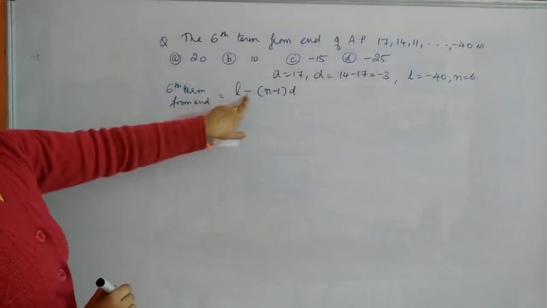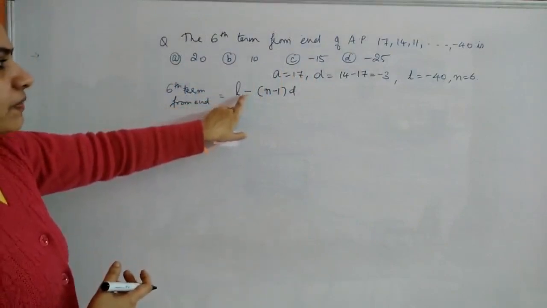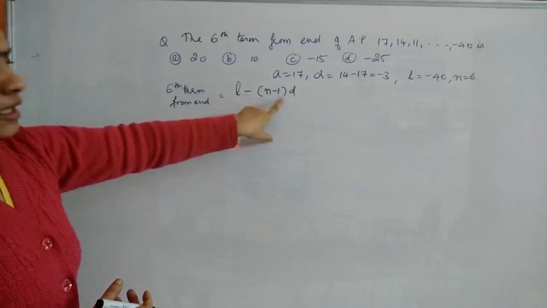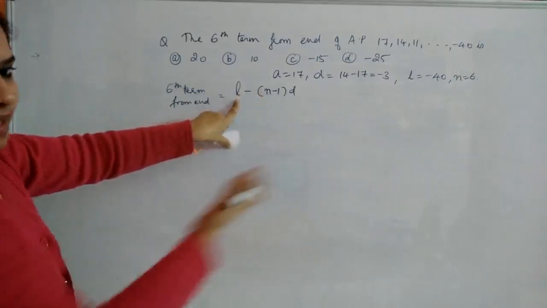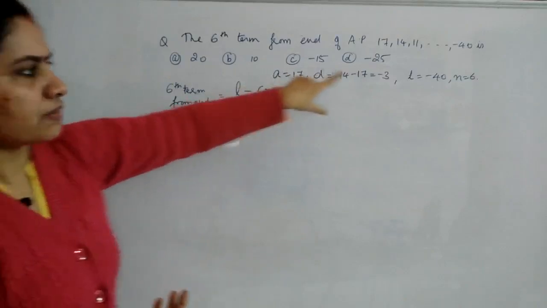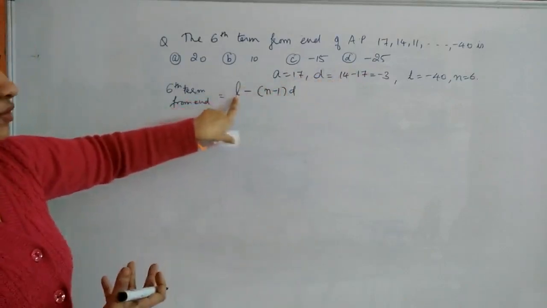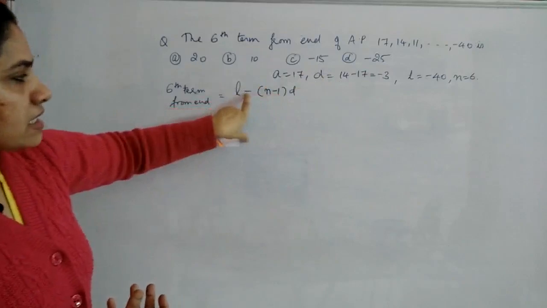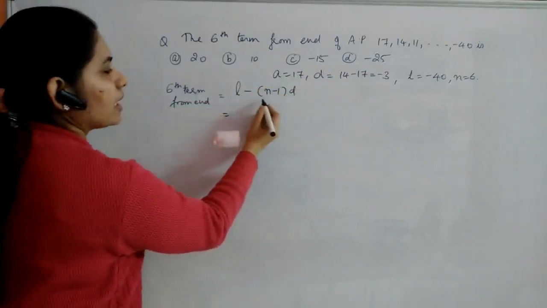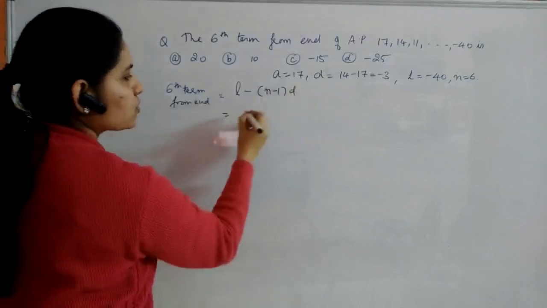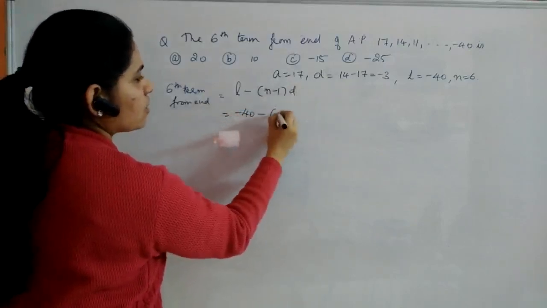The difference is normally when you use an, here you have a plus n minus 1 into d, right? But here, since it is from that side, this is acting as your first term, and here it is negative because in the reverse order you are doing. So the formula is L minus of n minus 1 into d. L is minus 40 minus of n.